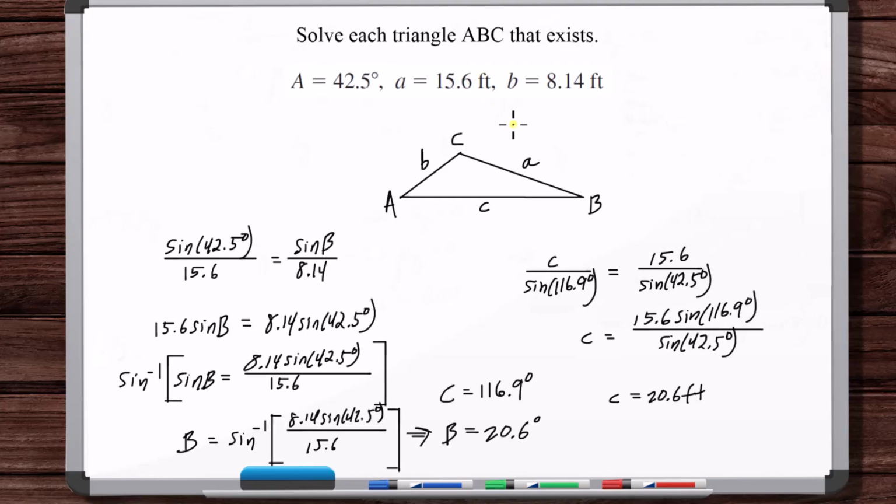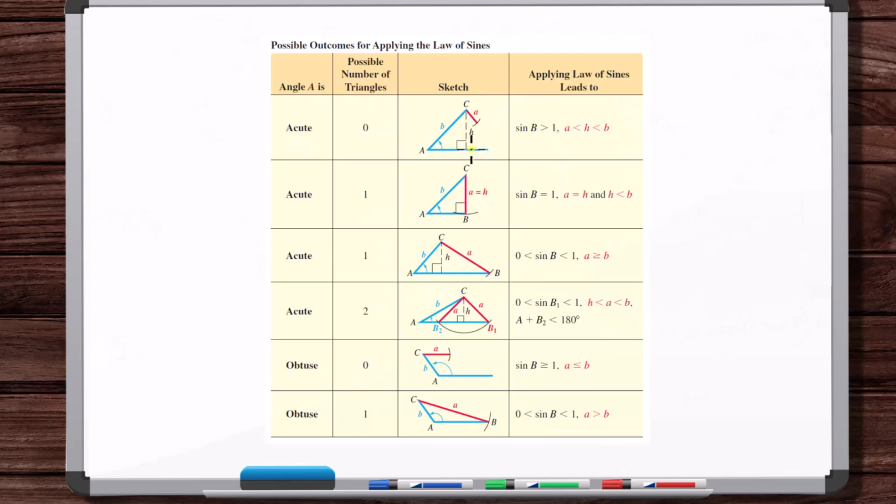It was just a coincidence that angle B here corresponded to angle B in this table. It's really the angle that's created between the side length opposite the angle you know and the side length that you don't know.